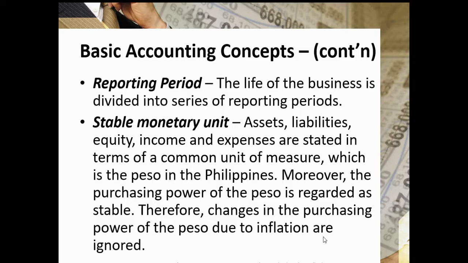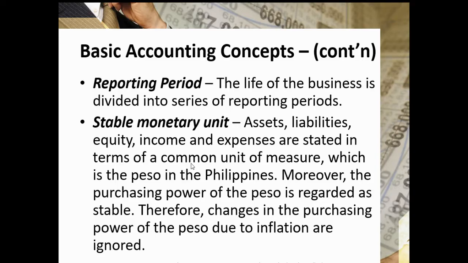It starts on January 1 and ends on December 31 of the same year. So yun yung calendar period. Basta tatakbo siya ng 12 months. Ibig sabihin, lahat ng transactions mo within that month, i-summarize mo siya para malaman mo kung magkano yung naging profit mo for the year.